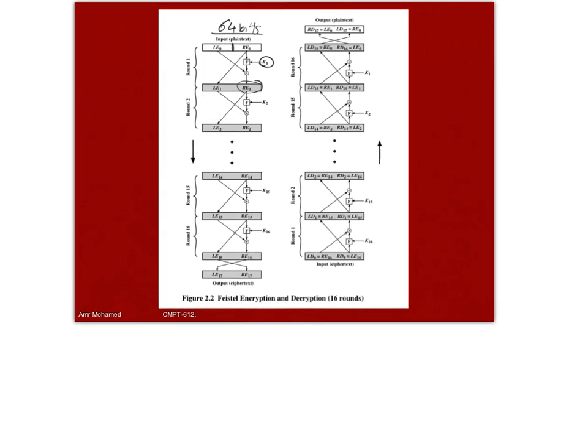So basically, the right element i equals the left element of i minus 1, XORed with the function, this function is fixed in all rounds, of K i and the right element i minus 1.